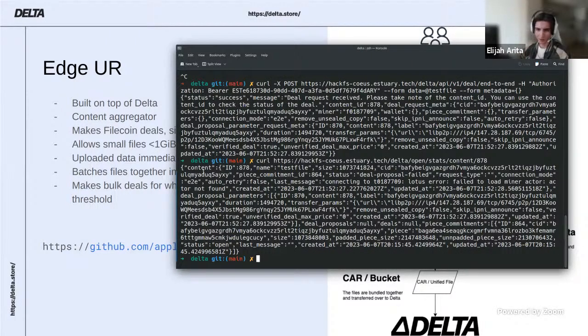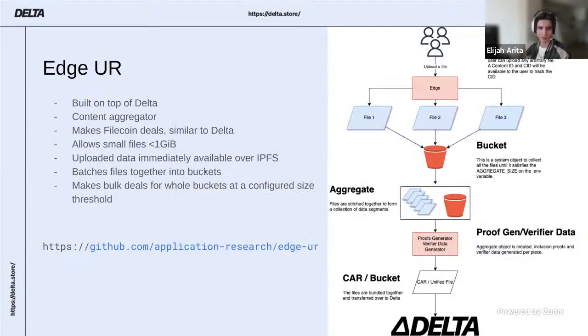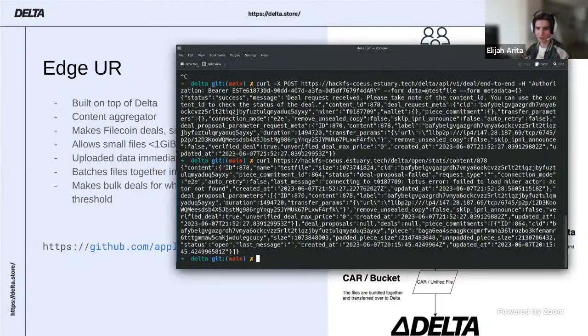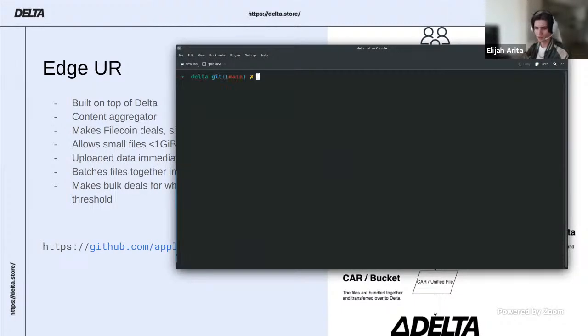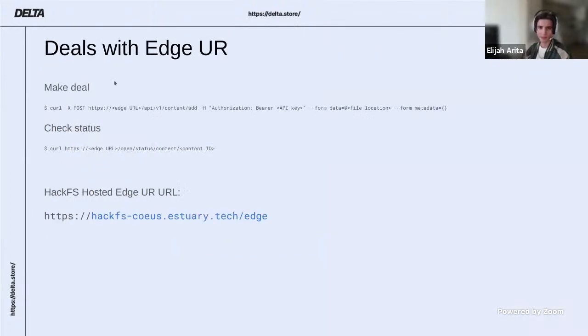So making a deal with EdgeUR, let's do that. I've got my deals with EdgeUR example here. We've got a HackFS instance for Edge as well. It's going to be HackFS coeus.sra.tech/edge instead of /delta.